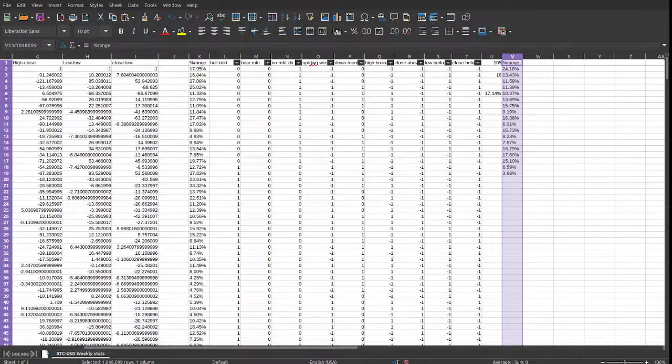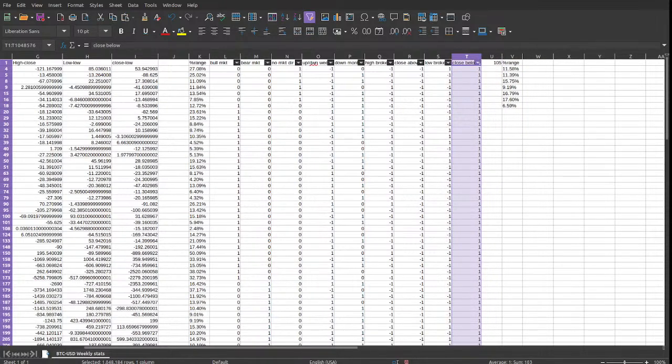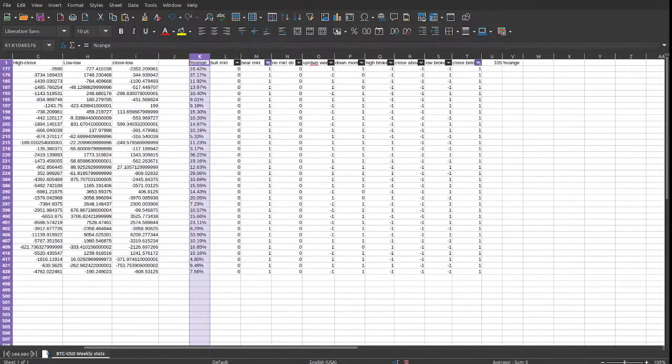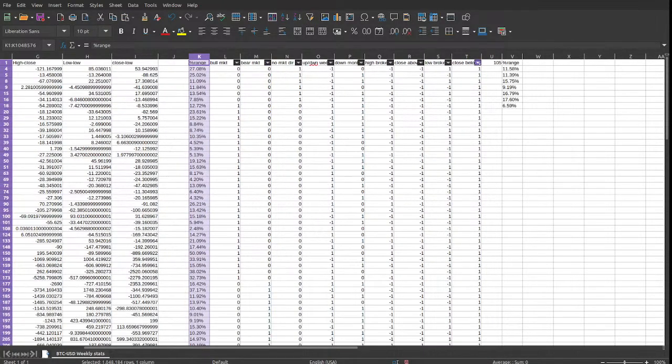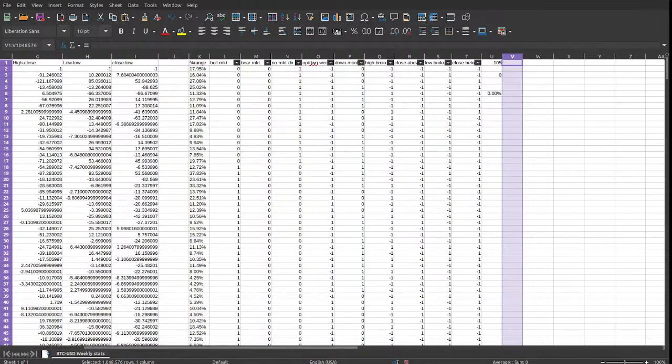All right, anyway, close below in a bear market. Obviously a lot more, still not statistically significant, okay? These would need to be used strategically, and we would need to think of them strategically.